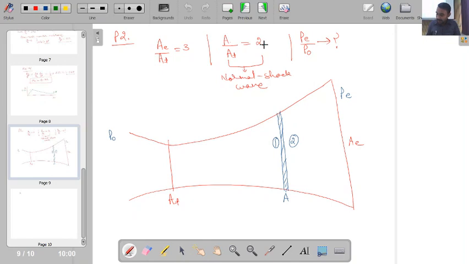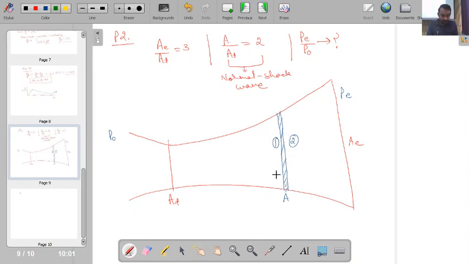So I have one isentropic situation above the shock wave and then another isentropic situation downstream of the shock wave. But at the shock wave I don't have the isentropic conditions. Is this point clear?